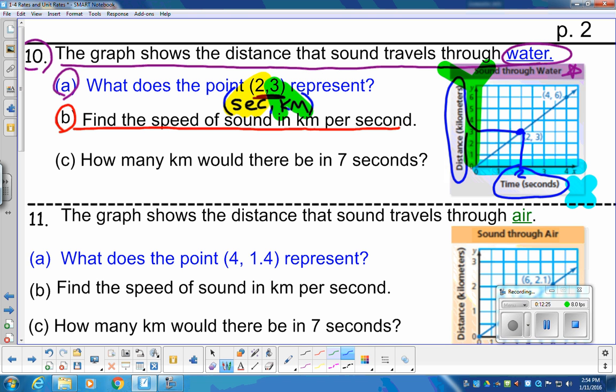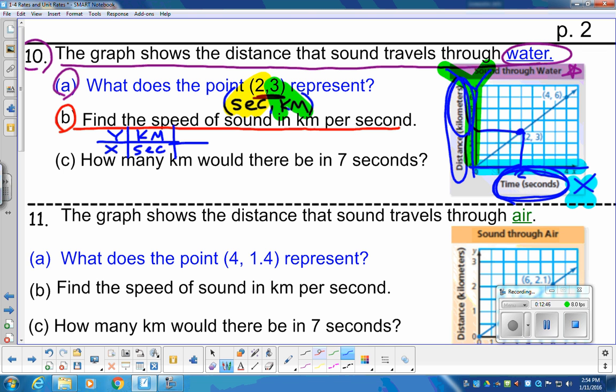So my y value here is measured in kilometers, and my x value is measured in seconds. So we're talking kilometers per second.